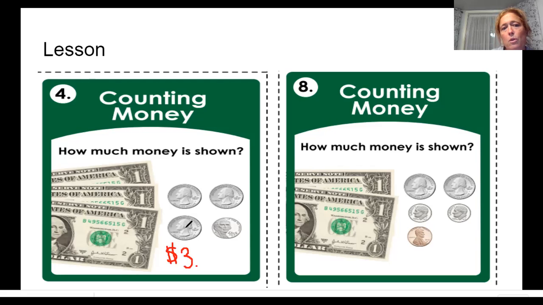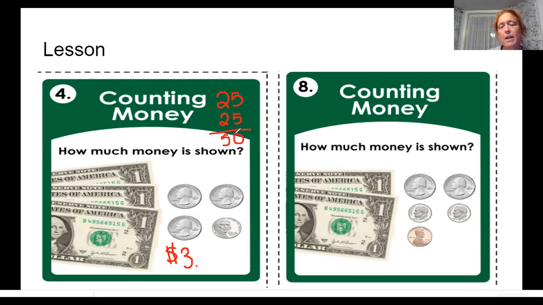Then we start with our quarters because they're the highest coin. So 1 quarter plus 1 quarter is 50 cents. Okay, because 25 plus 25 is 50.